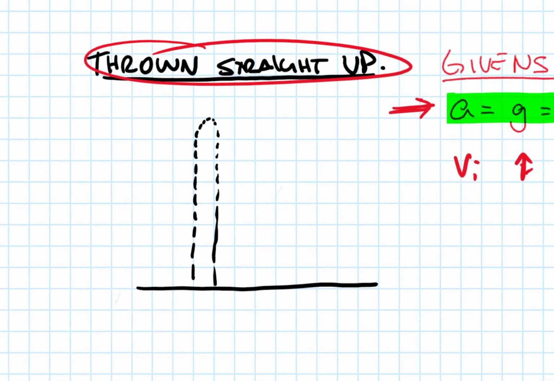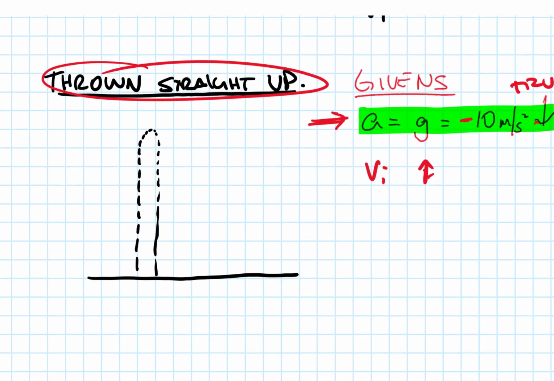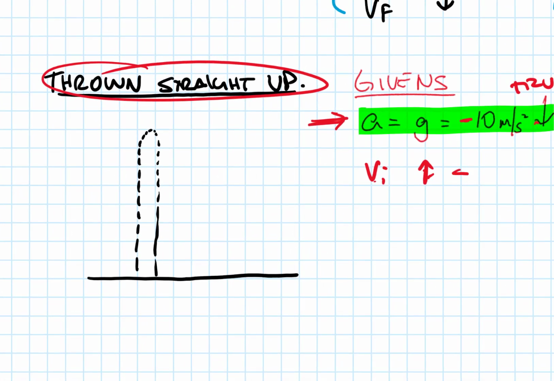Now, for this object thrown straight up, the initial velocity is the same for the whole problem. But there are two special places that we can look at. One is the top. At the top, I get a nice piece of given information, because at the top my object stops and turns around.